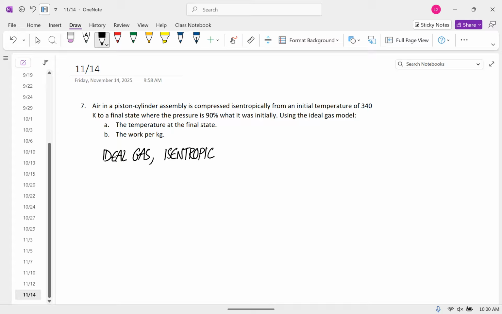Let's see, from the TdS equations, we have TdS is equal to du plus PdV.